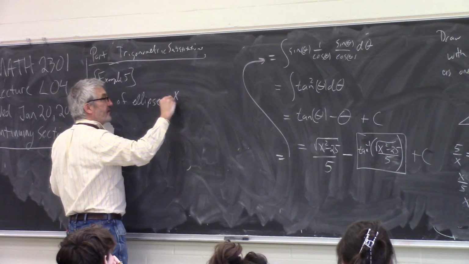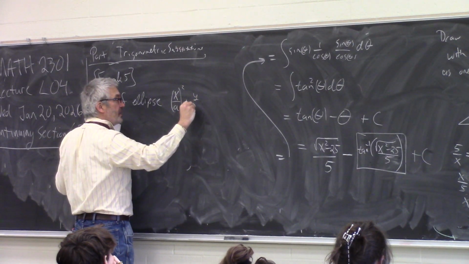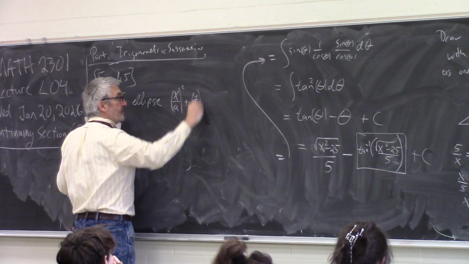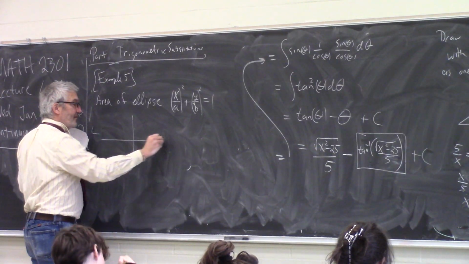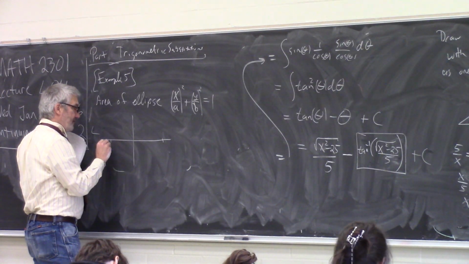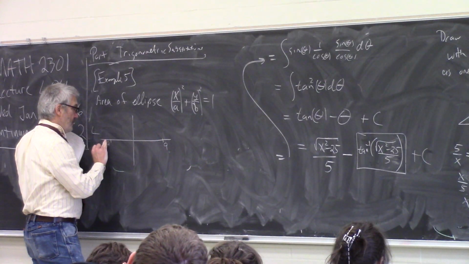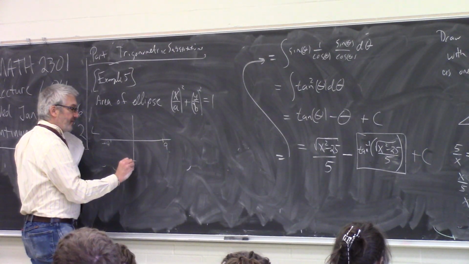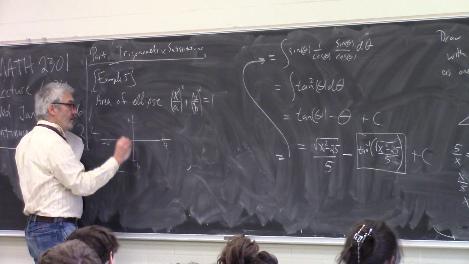There's an ellipse whose equation is x over a squared plus y over b squared equals 1. So that's an ellipse that looks like this. The x-axis intercepts are at x equals minus a and x equals a. And the y-axis intercepts are at y equals minus b and y equals b.